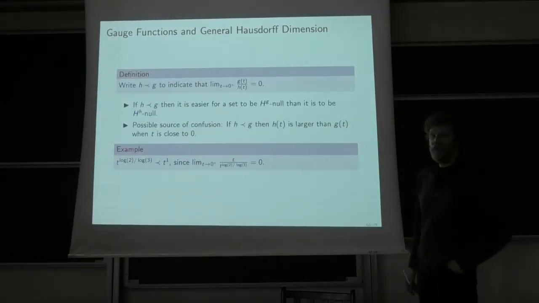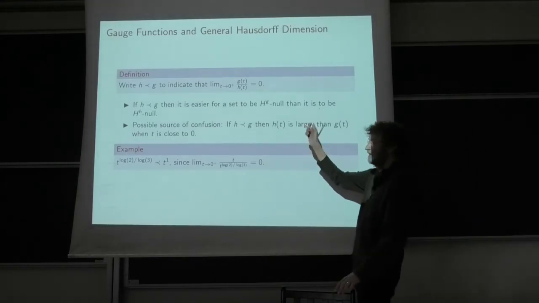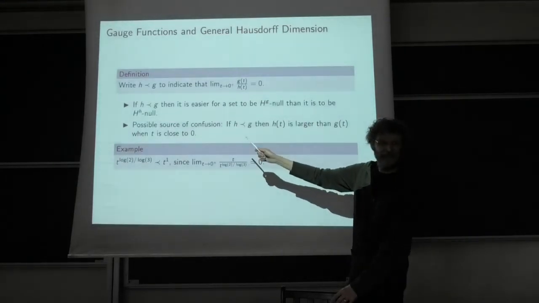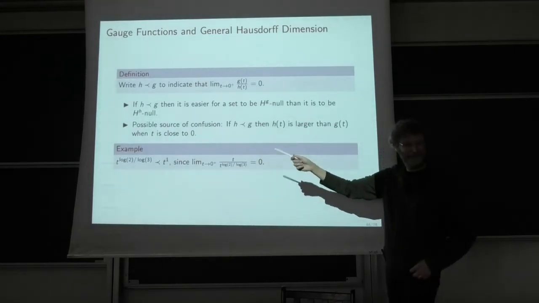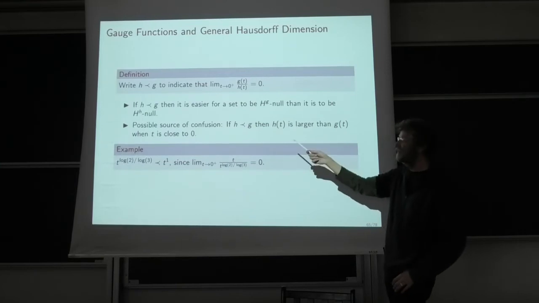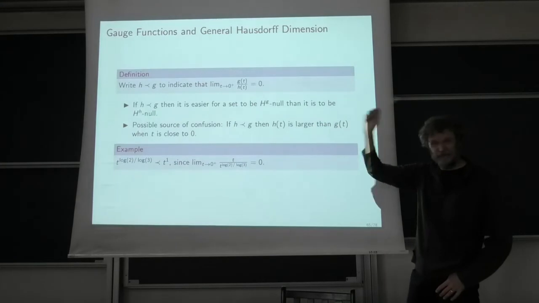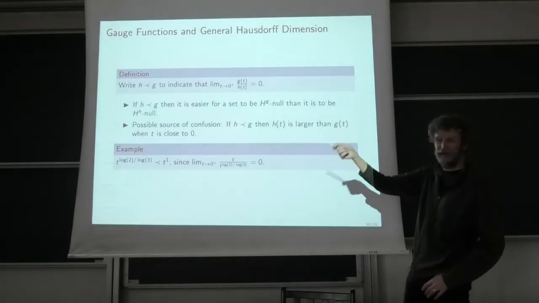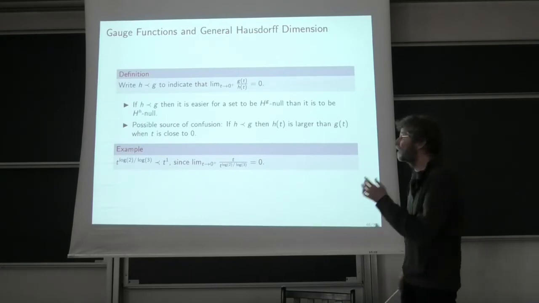Okay, so there's an ordering on gauge functions. Unfortunately for me, this is the ordering that's in the literature, and it always confuses me as to what it means for H to be before G. So what does it mean?